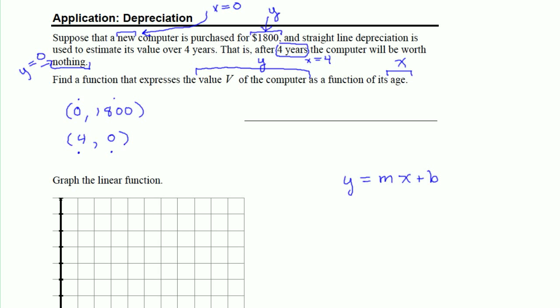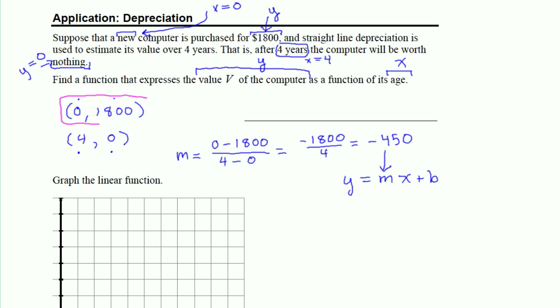So to find my slope, I can just plug into the slope formula. m is equal to (0 minus 1800) over (4 minus 0), which is negative 1800 over 4, which turns out to be negative 450. So this is what I'm going to plug in for my m, and as I already noted, we do know the y-intercept in this case.